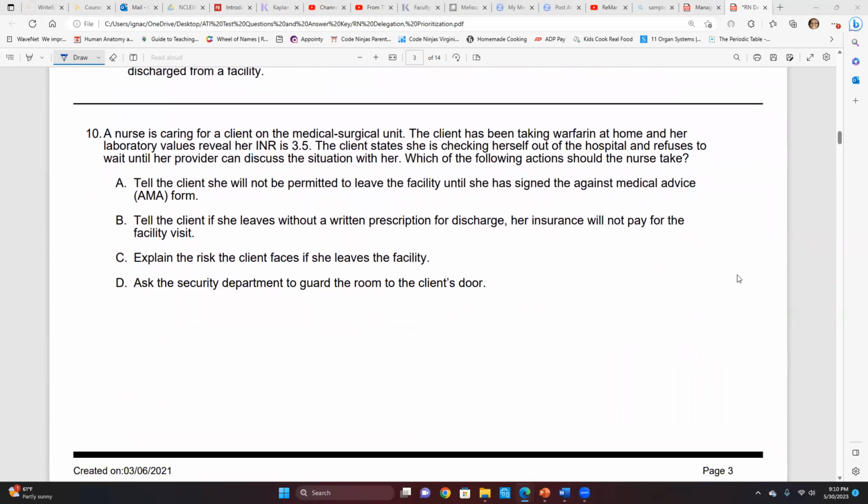Oh, this one is tough. Where's the medication? Warfarin. Let me look at the range. Warfarin, okay, INR.